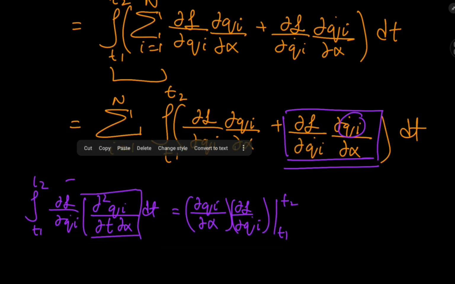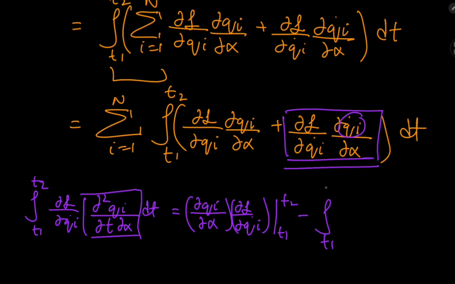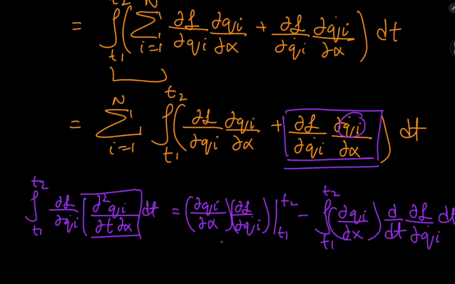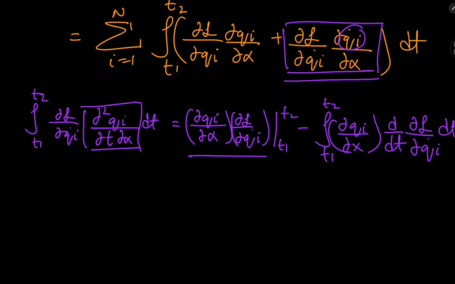Much better. Oh, wait. There we go. Minus integral from t1 to t2, we have this integrated function that's partial q_i by partial alpha times the time derivative of the second function that's partial L by partial q dot i. Now to evaluate this term at the given limits.